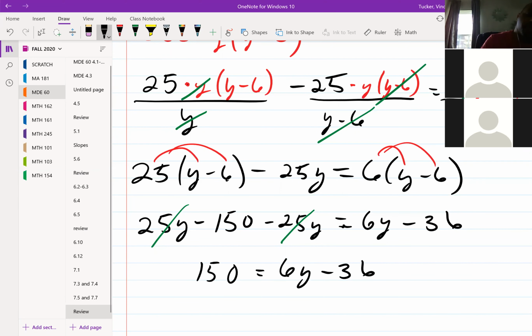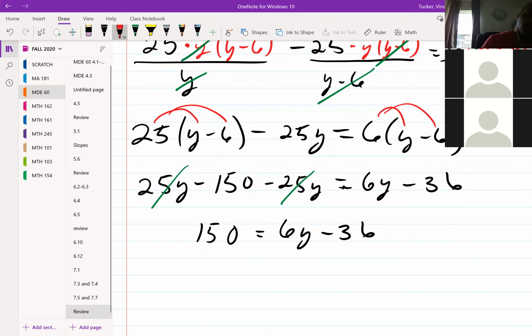Then I'll add 36 to both sides. So 186 is equal to 6y.